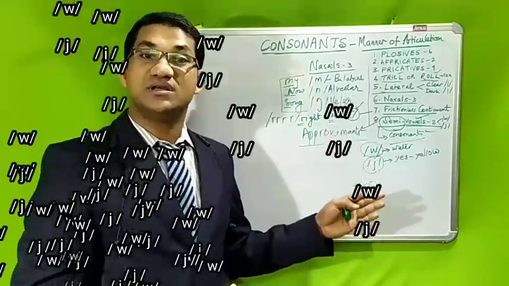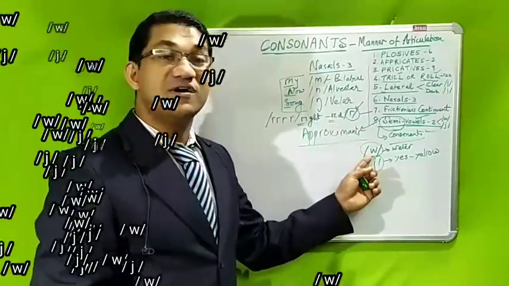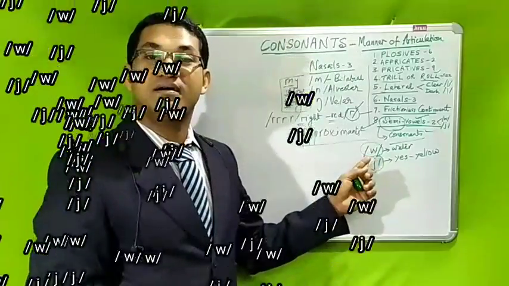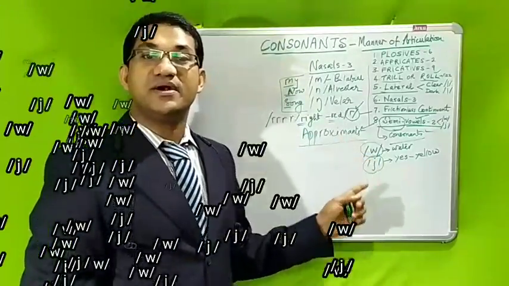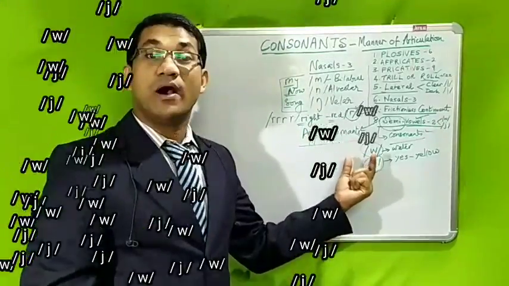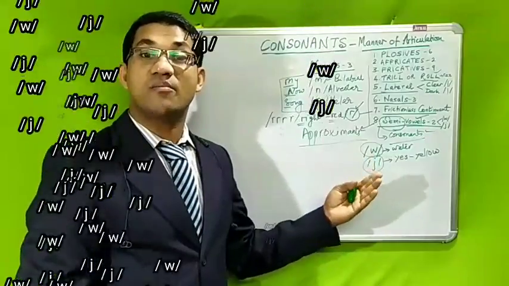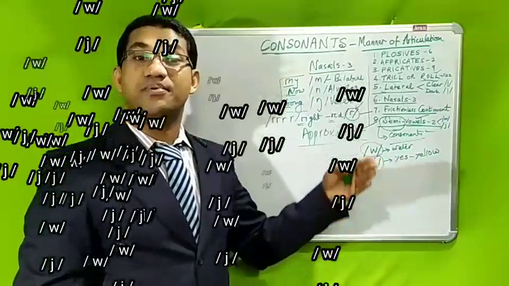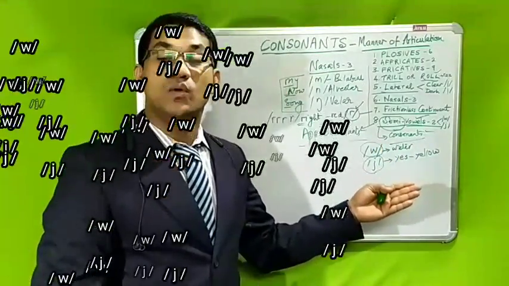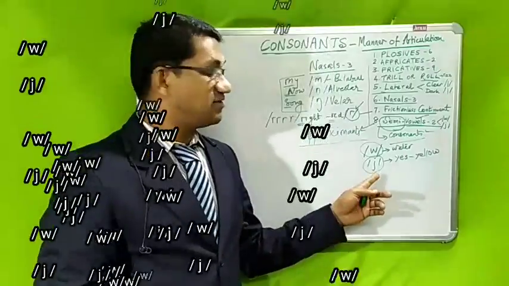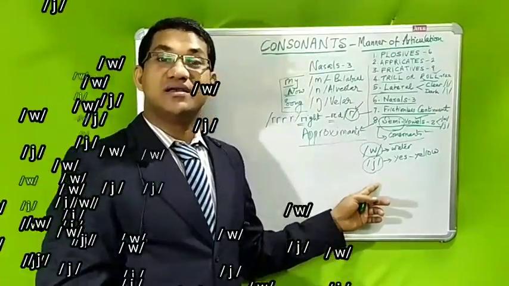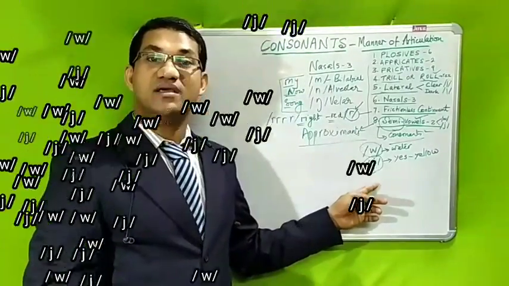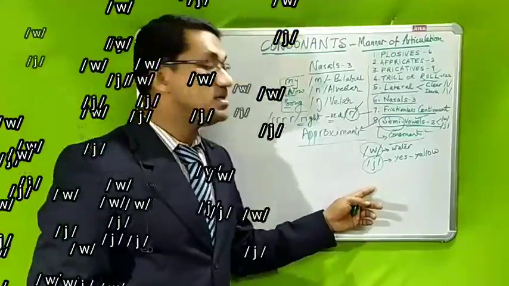The semivowels in English are w and y. In the production of w, the glide is from the tongue position of approximately oo, and in the case of y, the glide is approximately from the position of e.